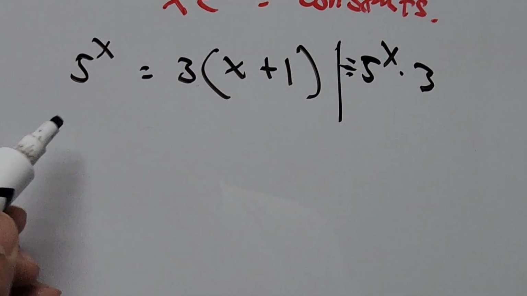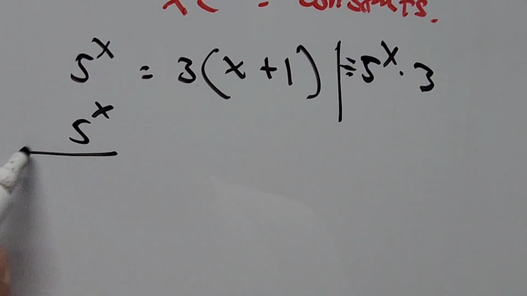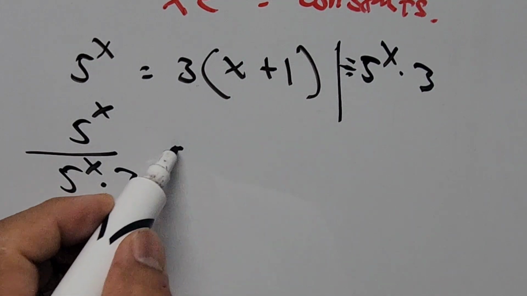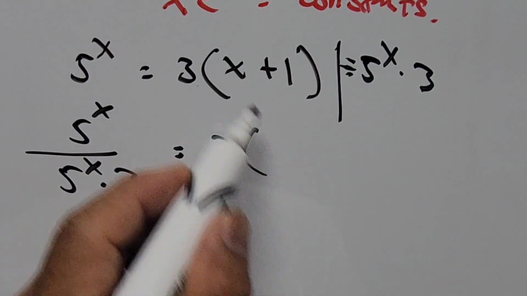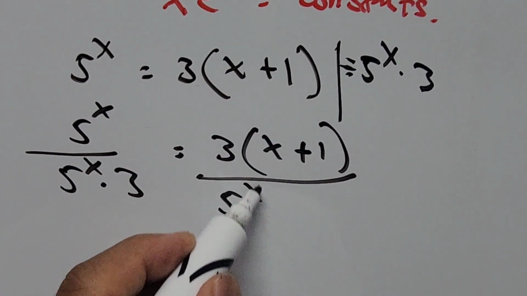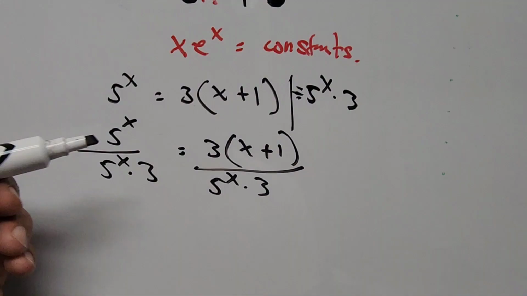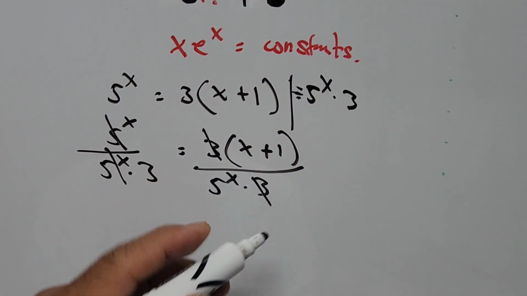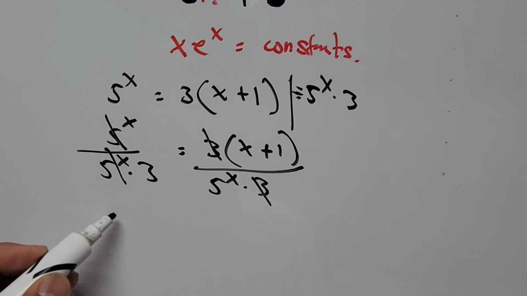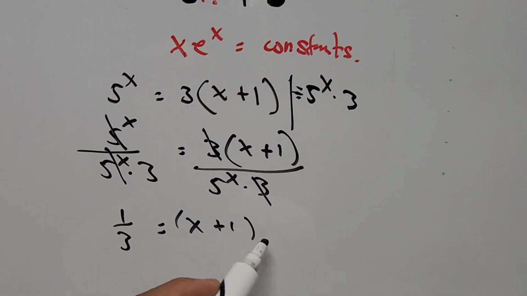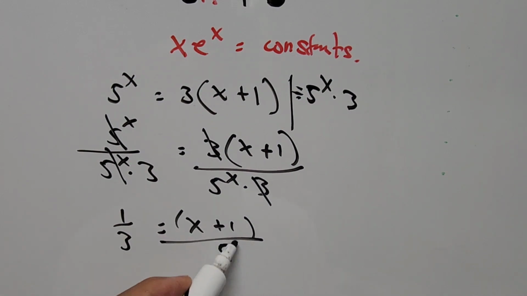So from here, 5 to the power of x divided by 5 to the power of x times 3 equals 3 times x plus 1 divided by 5 to the power of x times 3. 5 to the power of x cancelled, and on the right hand side the 3 cancels. So we have on the left hand side 1/3 equals x plus 1 divided by 5 to the power of x.